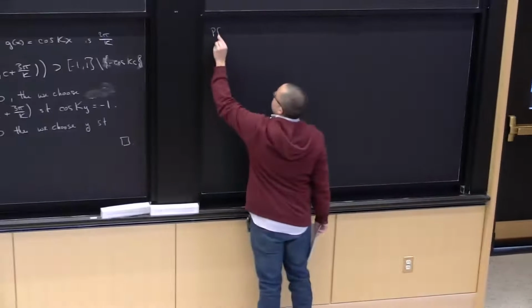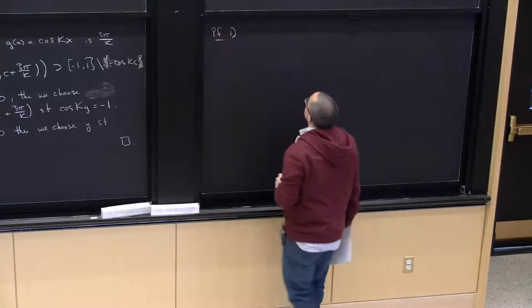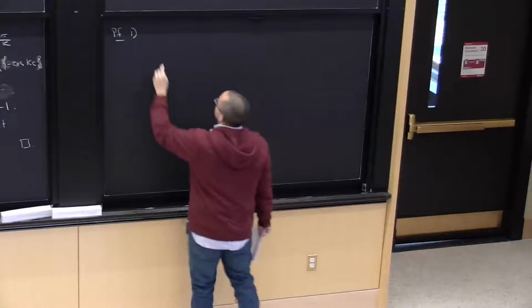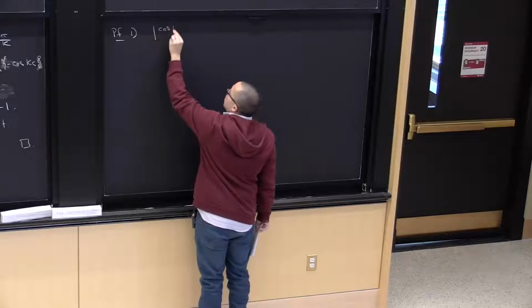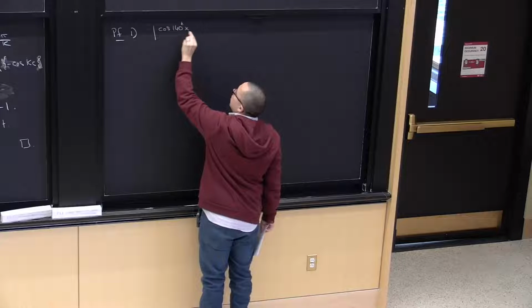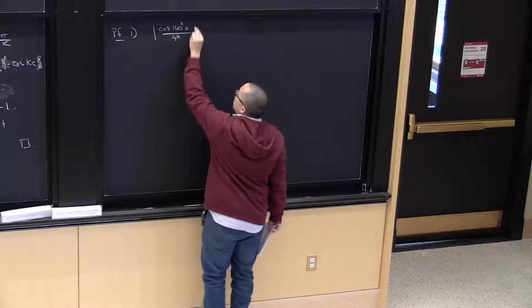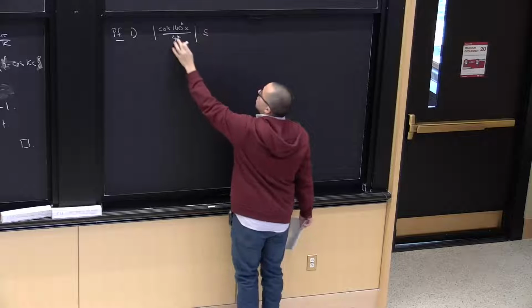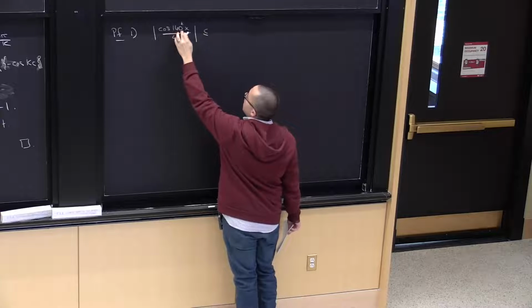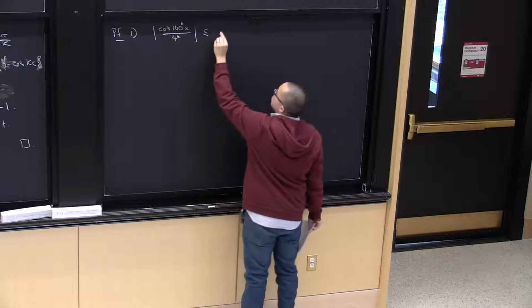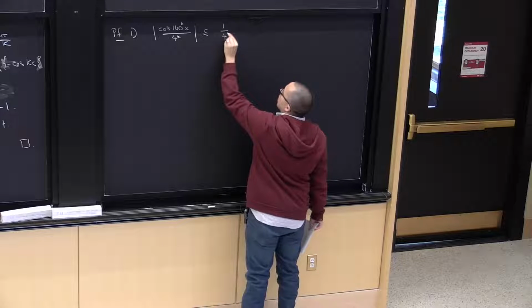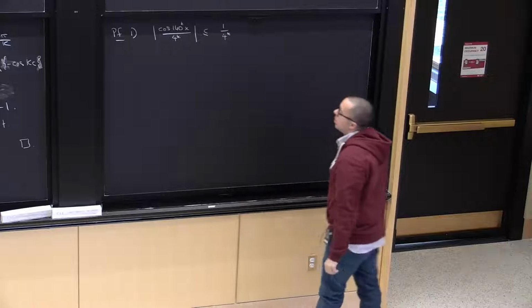Okay? So the proof of 1 is very easy. We just use a comparison principle. Cosine of 160kx over 4 to the k is less than or equal to, because cosine no matter what you plug in is bounded by 1, 1 over 4 to the k, right?